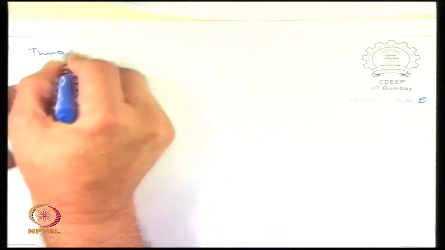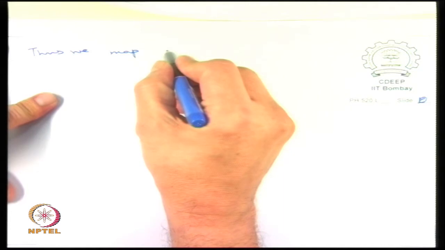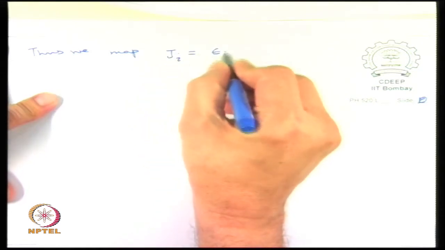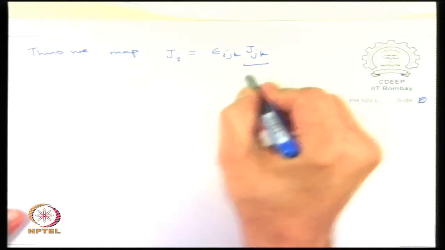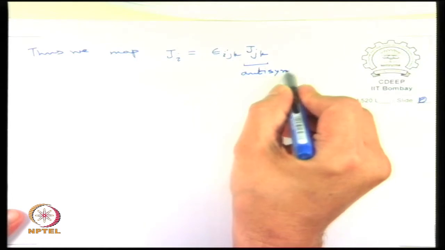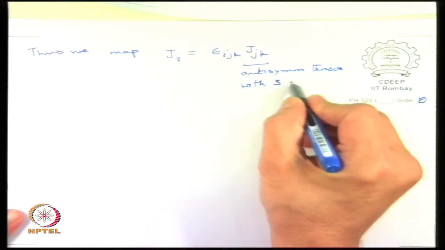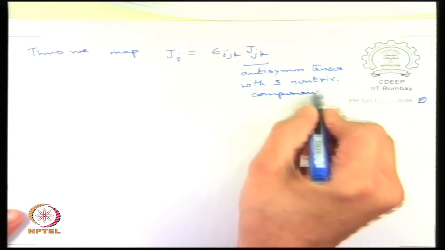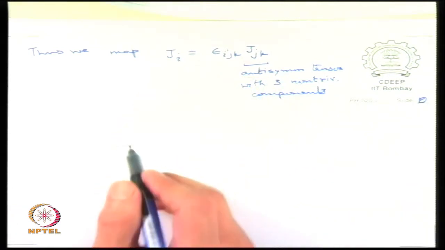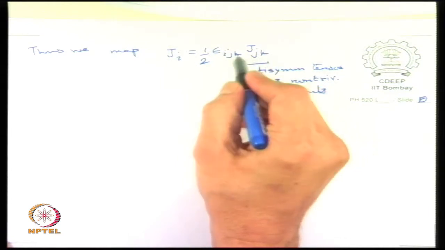So thus we can map an antisymmetric tensor with 3 independent components into 3 vector-like components, and we put a factor half because it will double count.